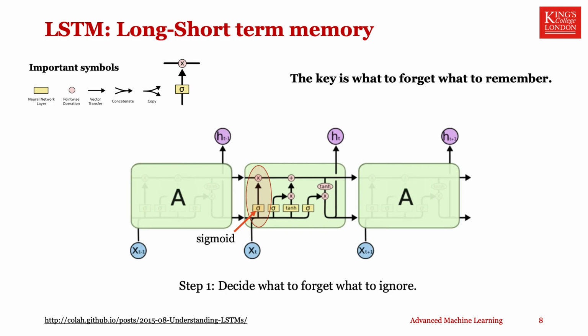So how do we now make this network choose what to forget and what to remember? There are a few items here that we need to take into account. The first is to understand the behavior of what the sigmoid activation function actually does.